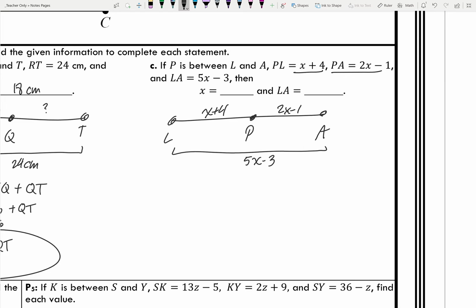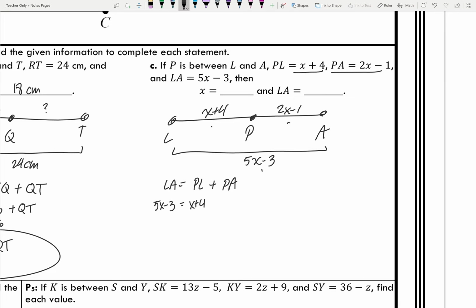Alright, set up our equation like we always do. LA is equal to PL plus PA. Now we want to plug in what we know for each of those. 5x minus 3 is equal to PL, which is x plus 4.